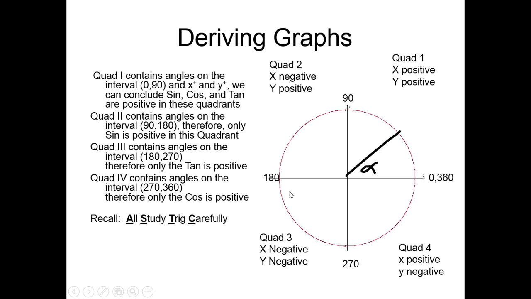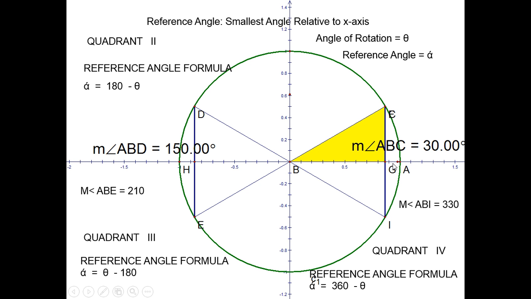In quadrant 3, T for tangent, the tangent is positive. And in quadrant 4, the cosine is positive, and the sine and the tangent are negative. All Study Trig Carefully is a little mnemonic we have for that.